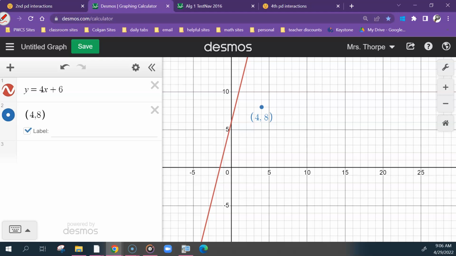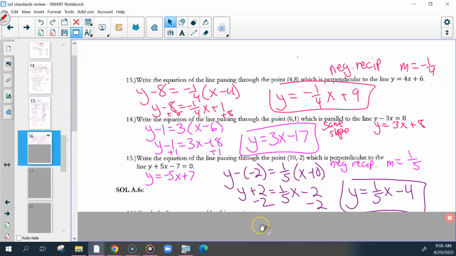The slope of this is 4, but we need the negative reciprocal, so that would be negative 1/4. So from this point, I would go up 1 to the left 4, and I would end up at 9. So I would use that slope of negative 1/4 and my point and write my equation.